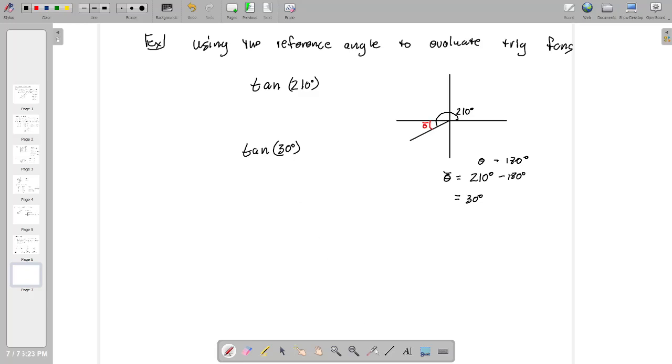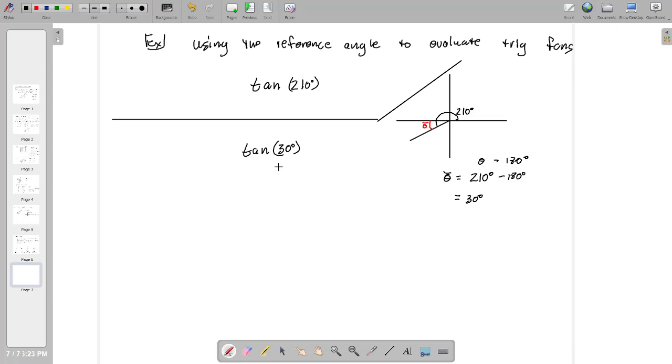Now, tangent of 30 degrees will always be positive. 30 degrees, like all reference angles, is an acute angle. It's in quadrant 1. So whenever we use a reference angle in order to find a trig value, we're going to get an angle that's in quadrant 1.